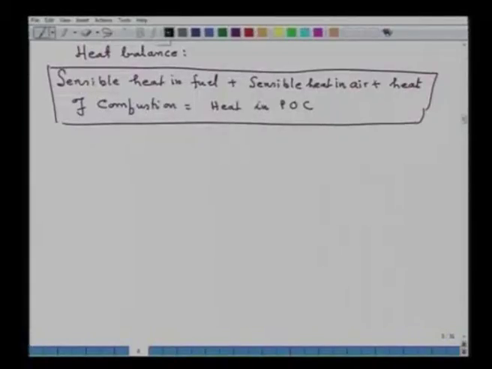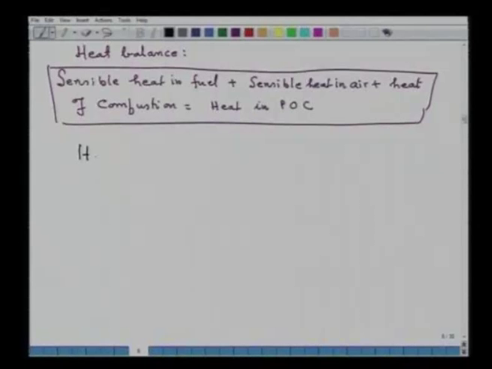Now, I have to calculate first of all the sensible heat of air and blast furnace gas. Now, here there are two ways. You can calculate sensible heat in air, that is equal to the integral of Cp of every component of air into dT, that will be equal to A plus 2 Bt plus C by T square into dT, and you have to write down these values for oxygen and nitrogen when air is preheated, integrate it and get those values, and that will be the sensible heat of air.